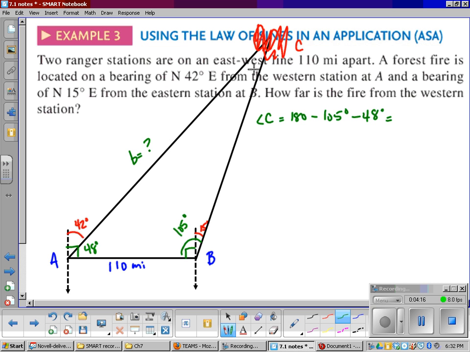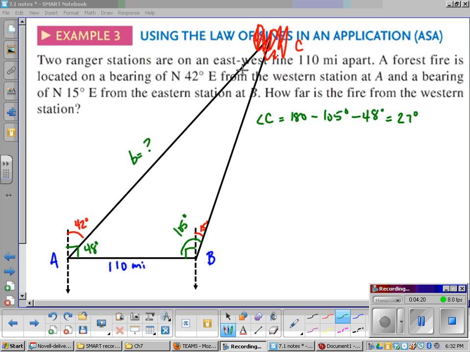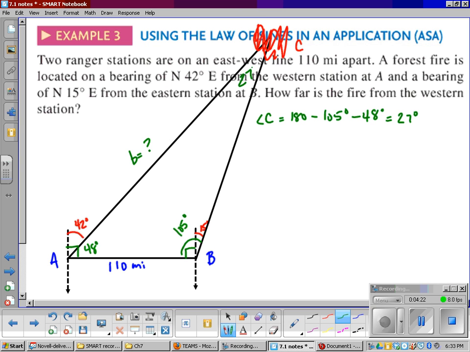And that should give me angle C up here, which is 27 degrees. And that's an exact measurement because the 15, the 105, the 48, the 42, those are all exact measurements. If you add 48, 105, and 27, you get exactly 180 degrees. So there is no rounding error that I have to worry about there.